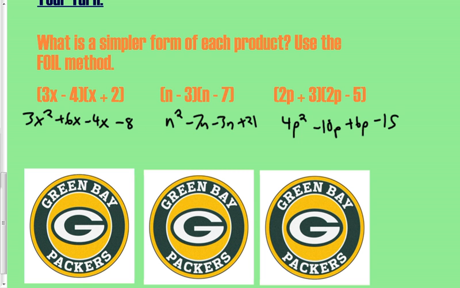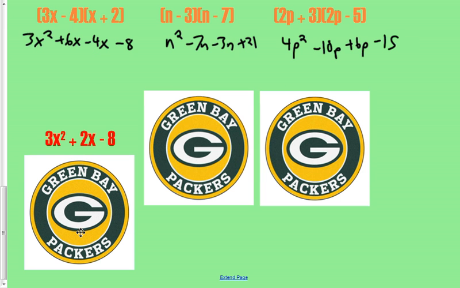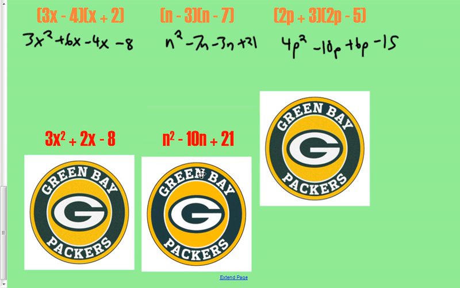All right, for the first one, I did first, outsides, insides, last, and I got 3x squared plus 6x minus 4x minus 8. When I combine the like terms, I end up with 3x squared plus 2x minus 8. Second one, when I did the FOIL method, I got n squared minus 7n minus 3n plus 21. If you combine the like terms, you'd have n squared minus 10n plus 21.